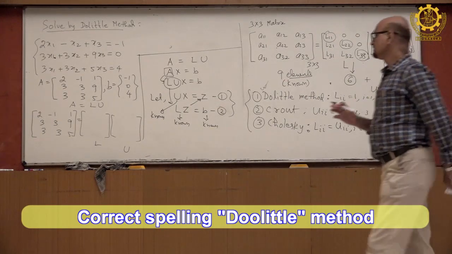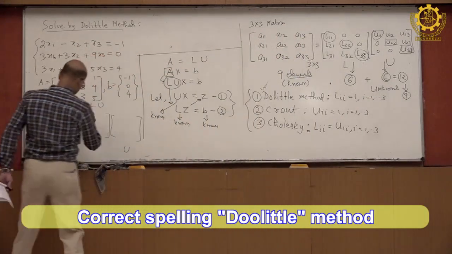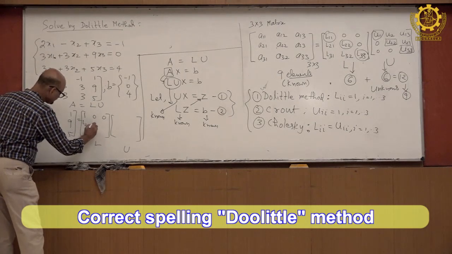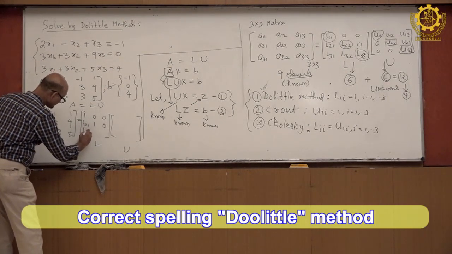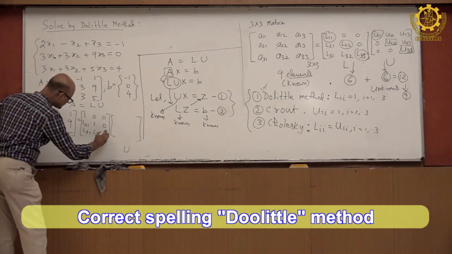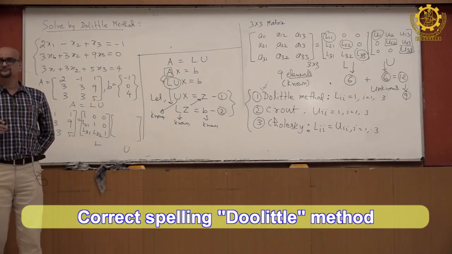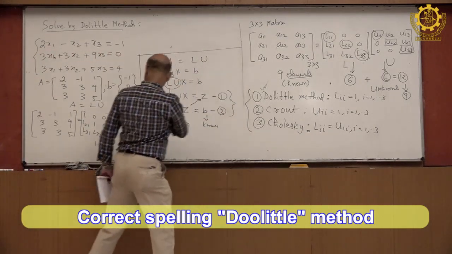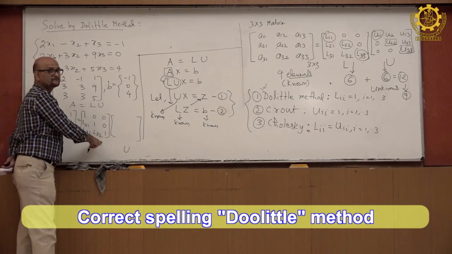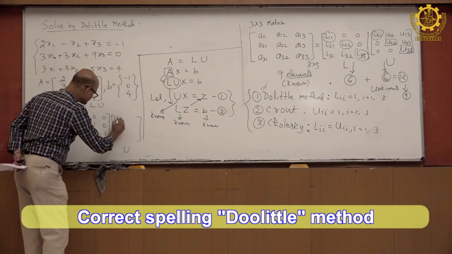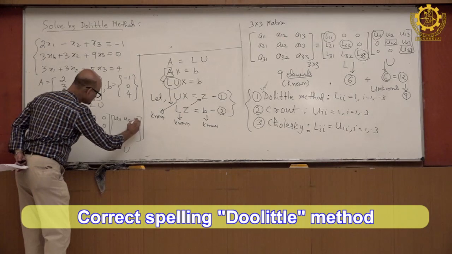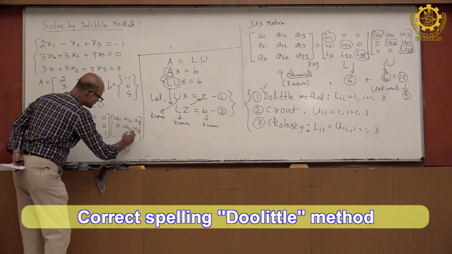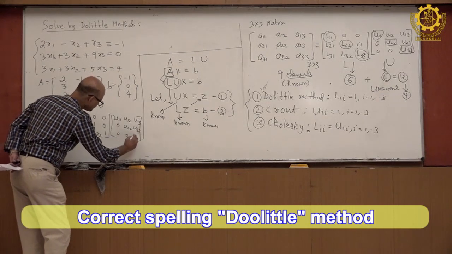So I can write 1 0 0, L21 1 0, L31, L32 1. You see that L11, L22 and L33 I have substituted as 1. And the upper triangular matrix is U11, U12, U13, 0, U22, U23, 0, 0, U33.